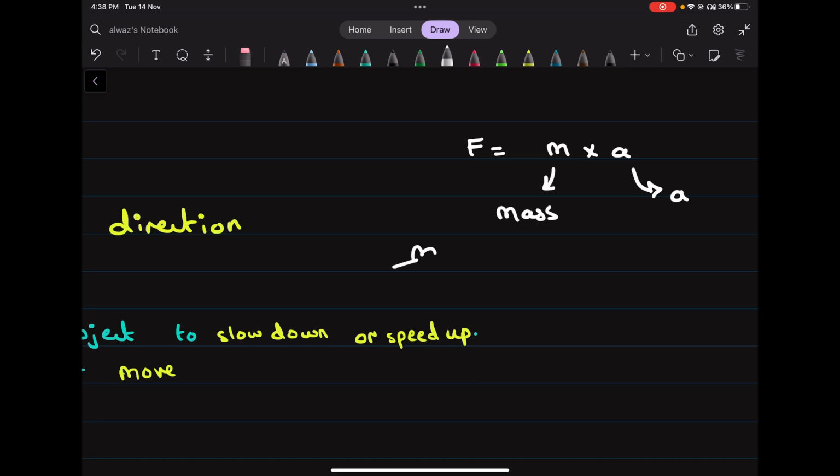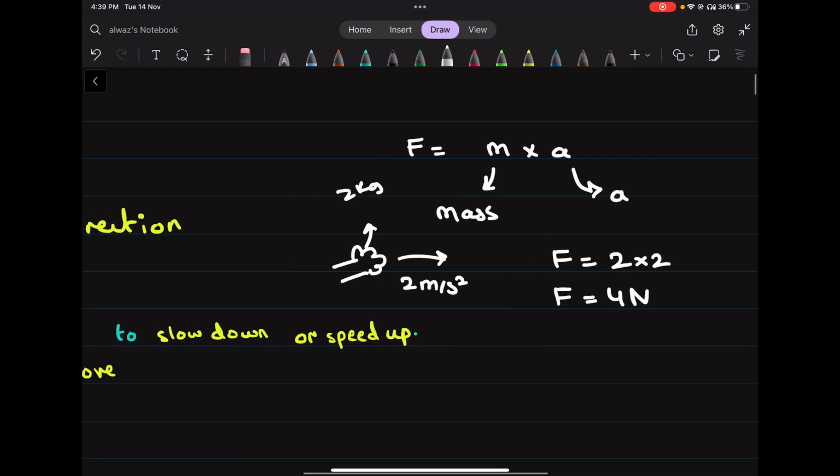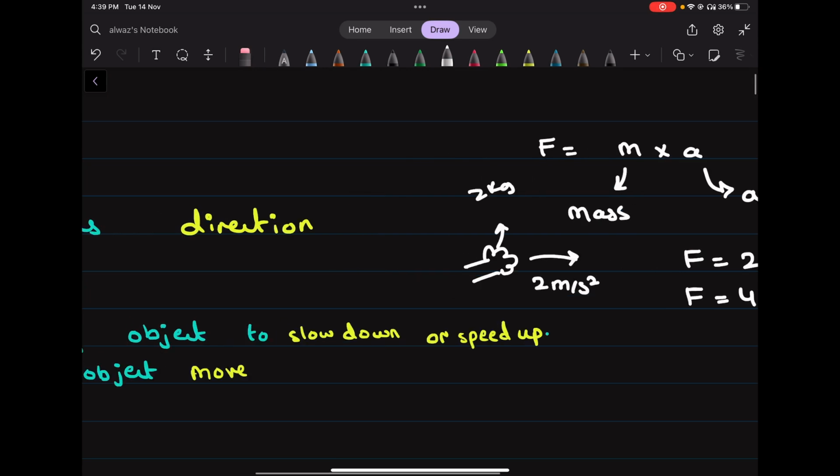The mass of his hand is, for example, 2 kilograms, and the acceleration of his hand while he slaps the door is 2 meters per second squared. So the force exerted is going to be F equals 2 multiplied by 2, F equals 4 newtons. The formula is very important and it's going to help you a lot during all your calculations.